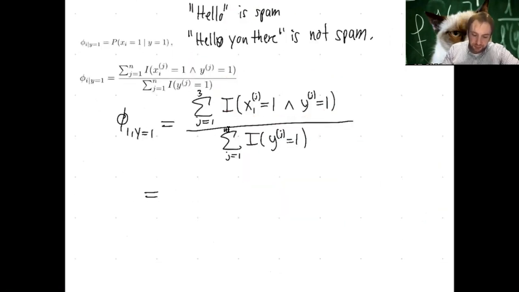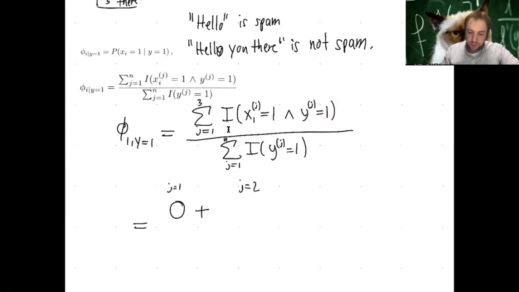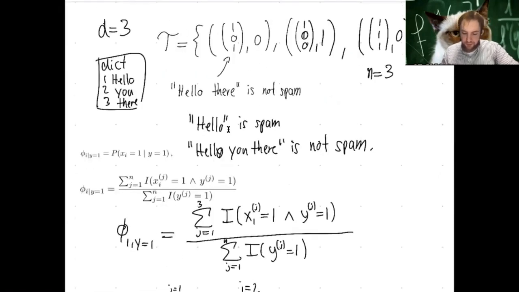So the first summand would be 0, plus, so this is j equals 1, because the indicator function just gives 1 if this statement here is true. For j equals 2, we need to check if x2,1 is 1. So is this here 1? Yes.